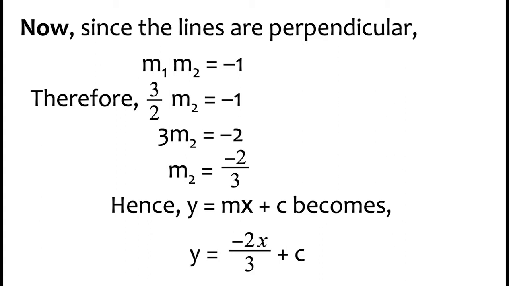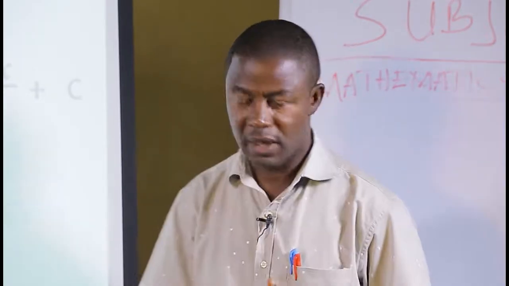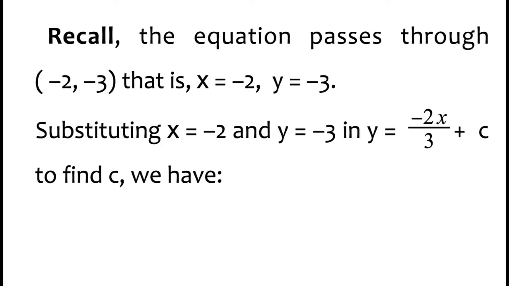Now, as we move ahead, we need to find the constant term. You have to recall that the equation passes through minus 2, minus 3. That is, our x is minus 2 in this case, while our y is minus 3.